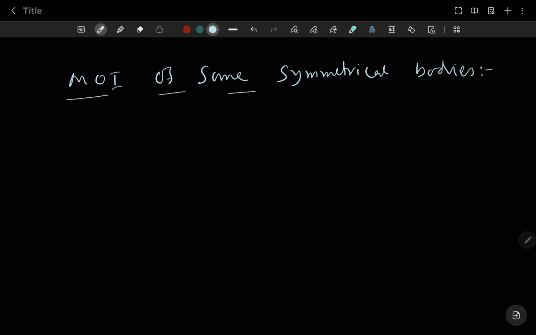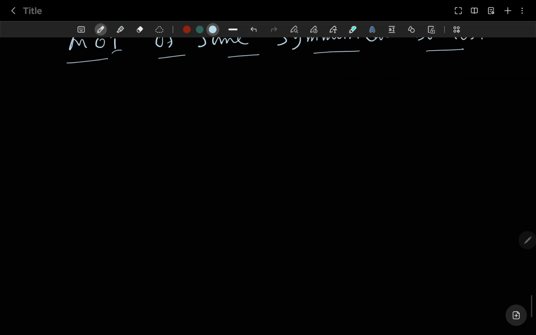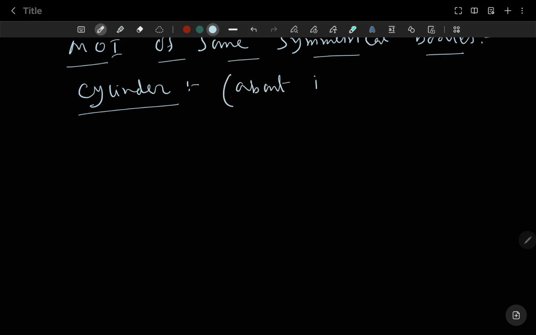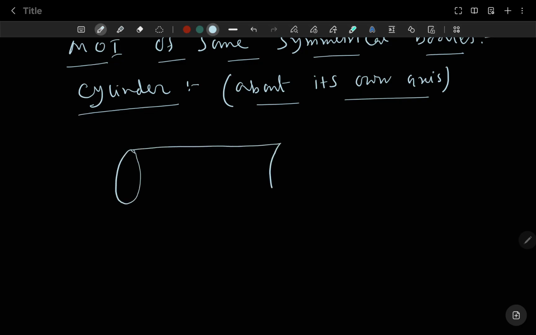So now let us take the example of a cylinder about its own axis. Suppose a cylinder is rotating about its own axis.